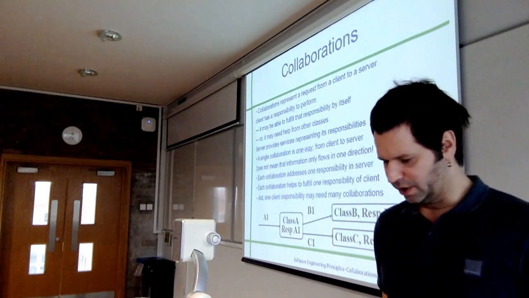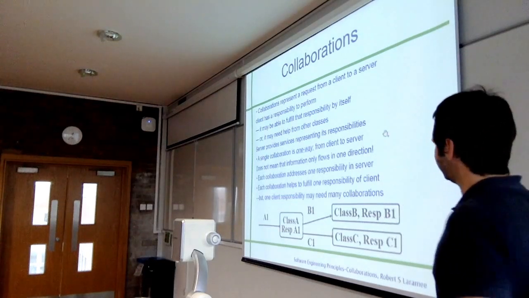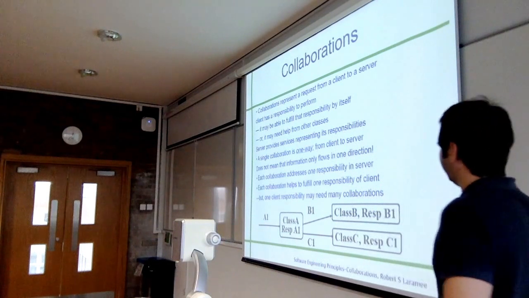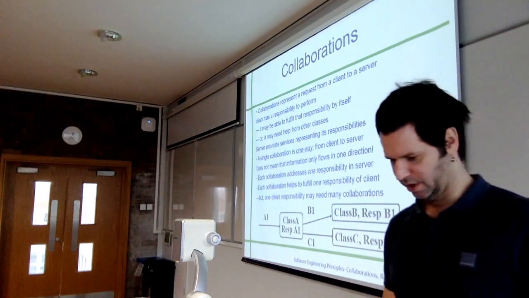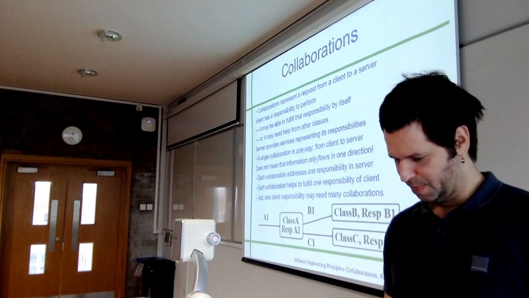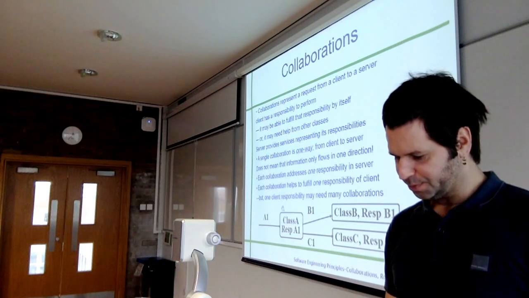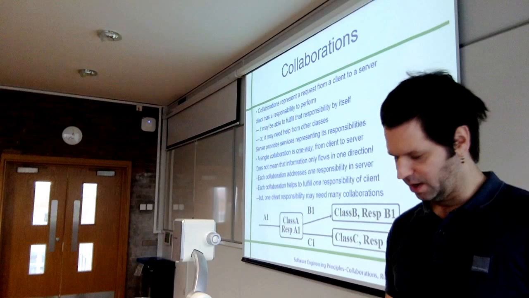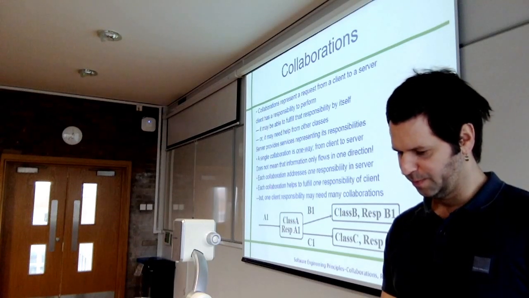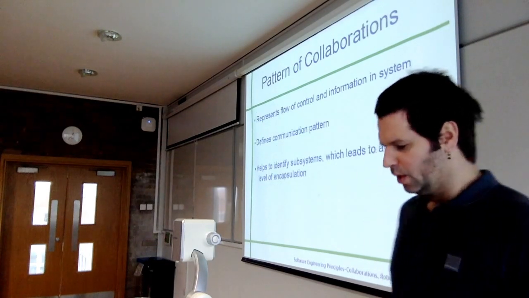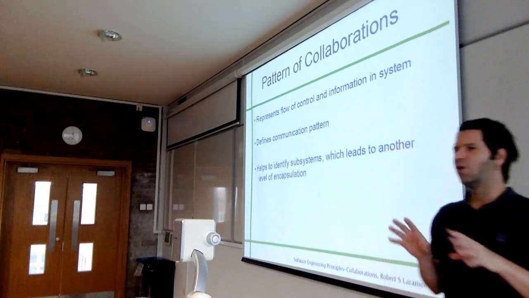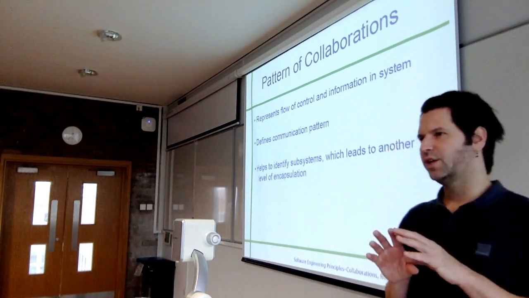Each collaboration addresses one responsibility in the server. Okay, each collaboration helps to fulfill one responsibility of the client. But one client responsibility may need many collaborations. So patterns of collaborations represent the flow of information in your software.